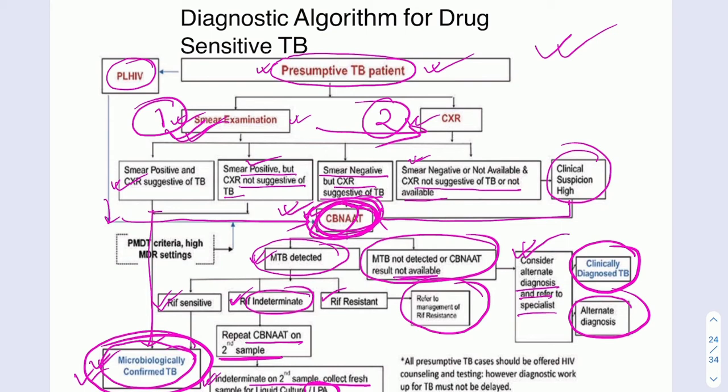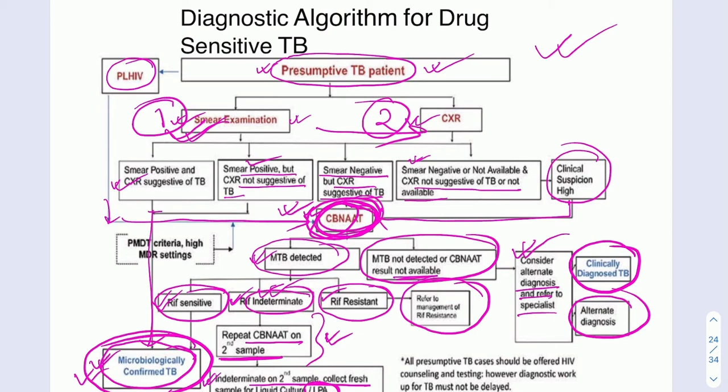Via CB-NAT again, if MTB is detected, we will call it microbiologically confirmed tuberculosis if rifampicin is sensitive. Rifampicin resistance, we will refer the case for the management of drug-resistant tuberculosis. Rifampicin resistance indeterminate, we will examine a second sample and repeat the CB-NAT.